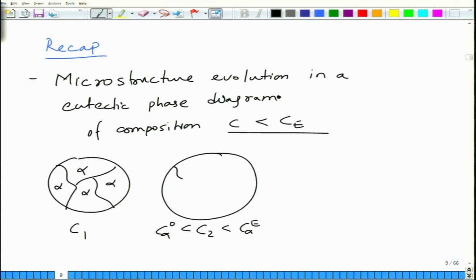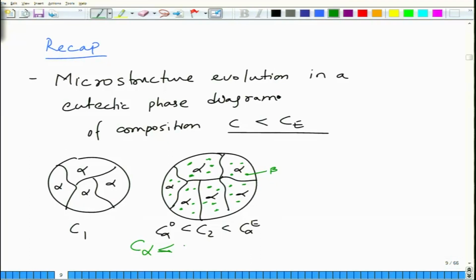What we had there were these grains of alpha, and in between we had these precipitates of beta phase, which were present in the matrix of alpha. The composition of alpha, C alpha, was lower than C2, and C beta was way higher than C2, and phase fractions can be found using the lever rule.